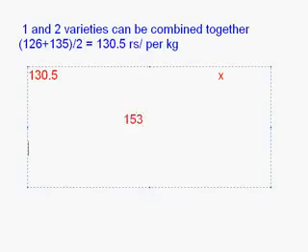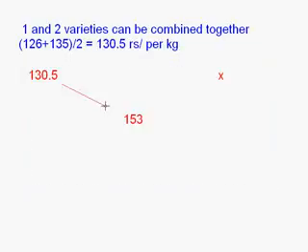Now let me draw the lines also. The lines will be of this kind. When you draw lines, it becomes very easy to see what to subtract and from which to subtract. Of course, over here it is the cheaper price. This x will be the expensive one.